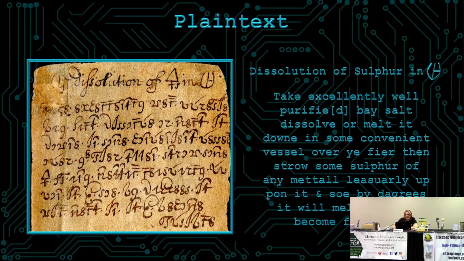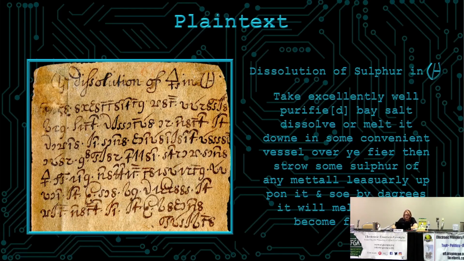And then it was: take excellently well purified bay salt, dissolve or melt it down in some convenient vessel over the fire, then throw some sulfur of any metal leisurely upon it, and so by degrees it will melt in it and become fusible. So that was this particular parchment, that's what it was saying.